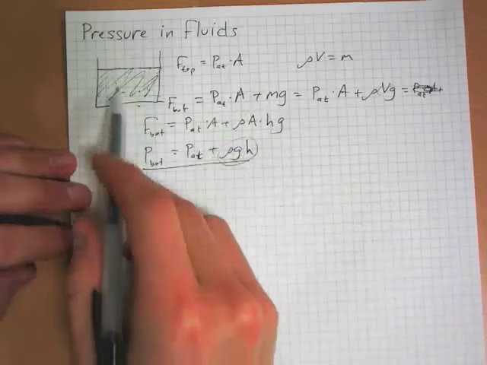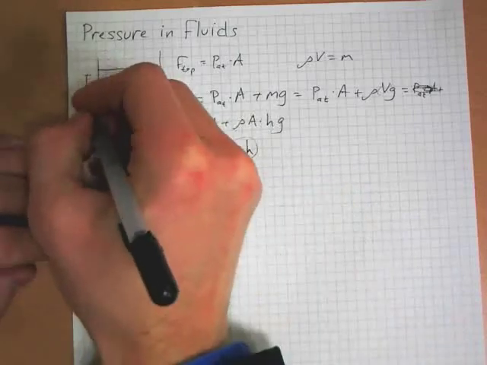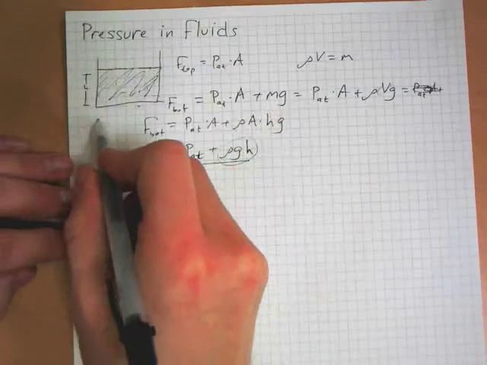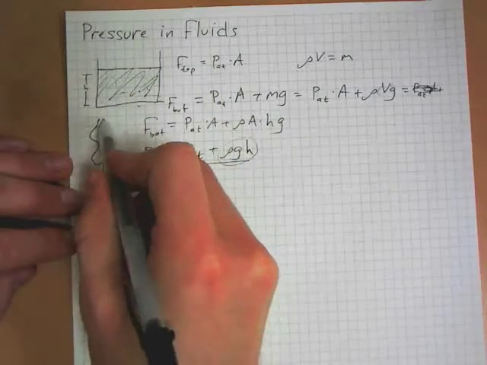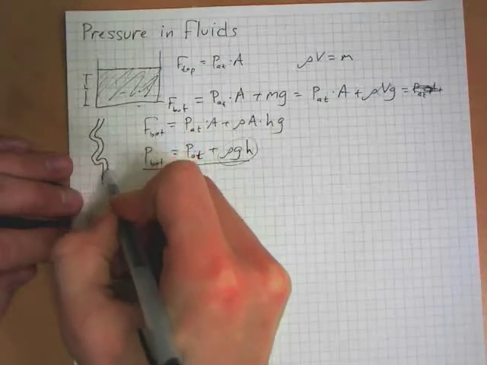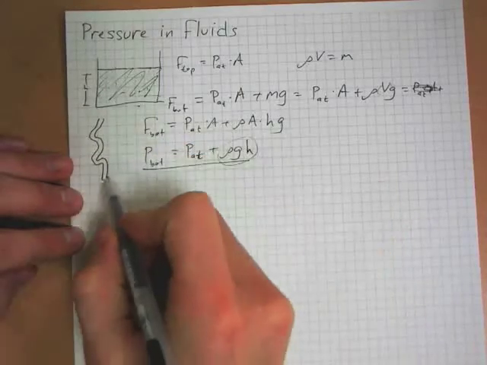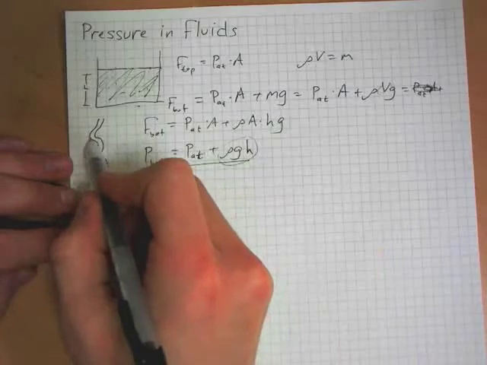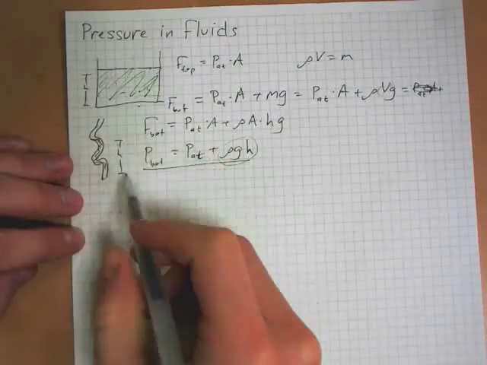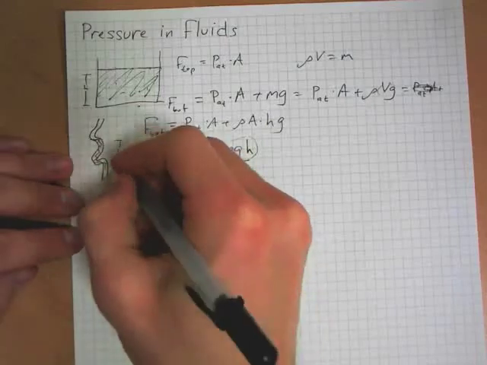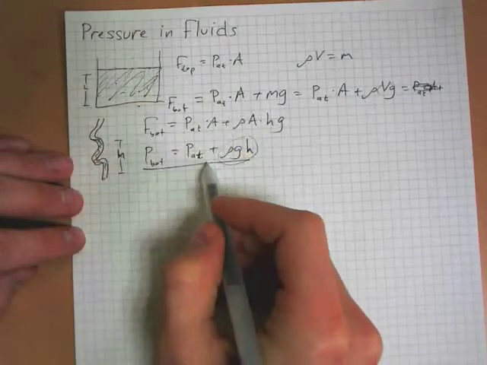So if this is some height h, I could also have a container that was all goofily shaped, something like this. And if that is full of fluid up to a height h, the pressure at the bottom will still be atmospheric pressure plus rho g h.